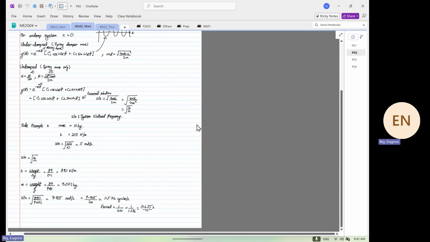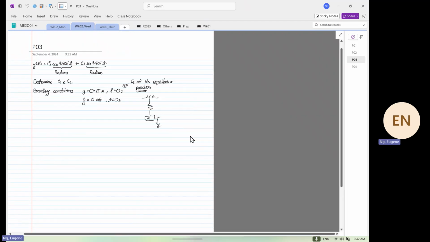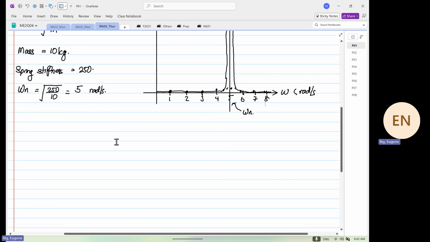So yesterday, where we finished off, we were deriving this system, which is known as the undamped mechanical system. And then I'm going to continue from here to determine the constants, which is pretty straightforward. Let me finish off this example.